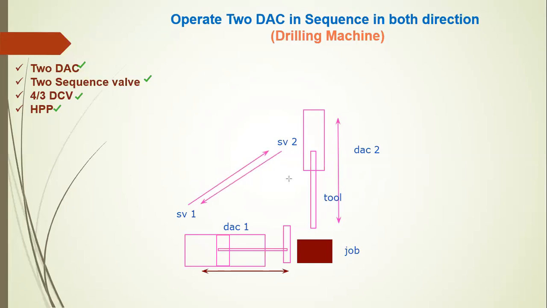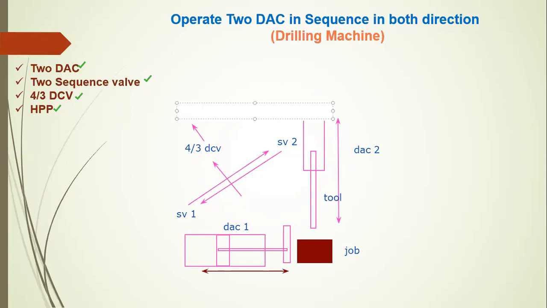Both SV1 and SV2, sequence valve 1 and sequence valve 2, are operated by one 4 by 3 DCV. Here we have to use a 4 by 3 direction control valve. Then one hydraulic power pack is required to operate this drilling hydraulic circuit.